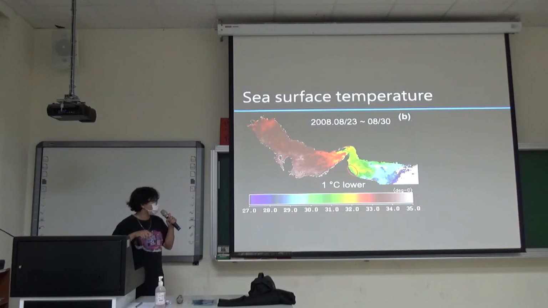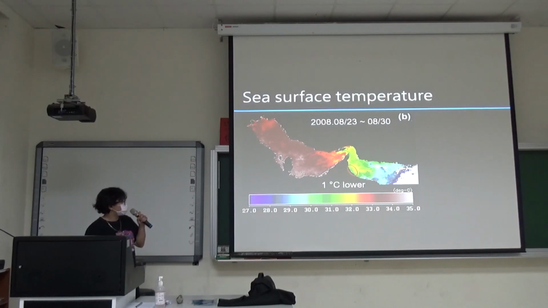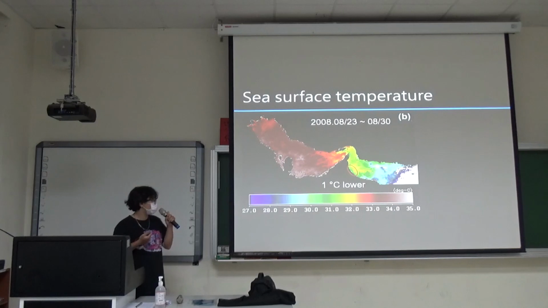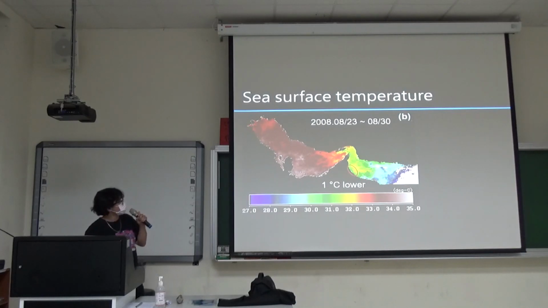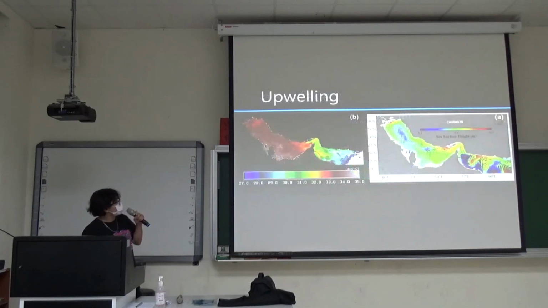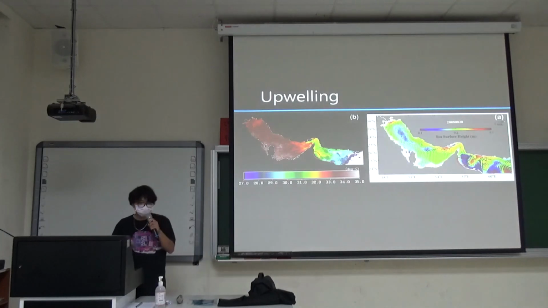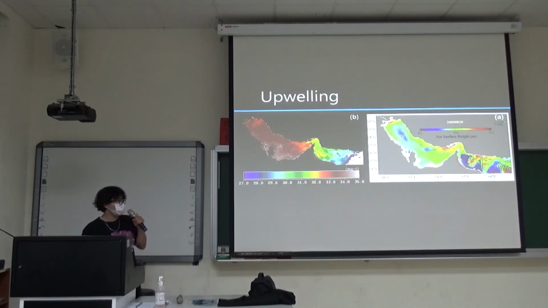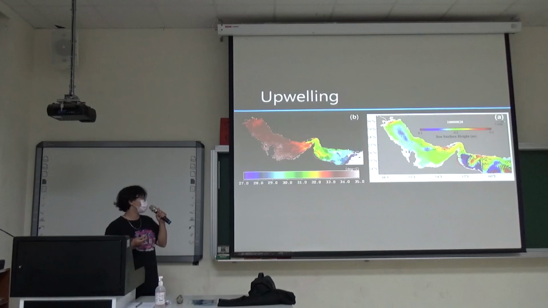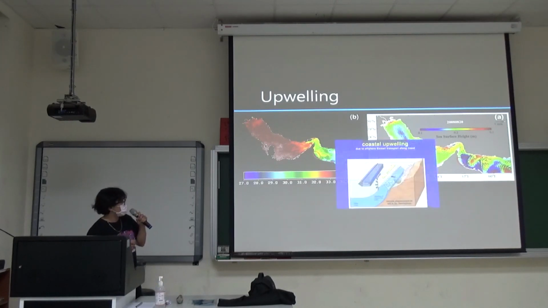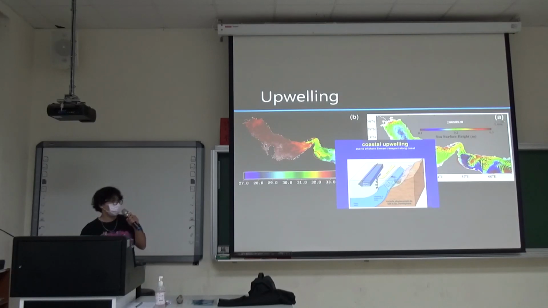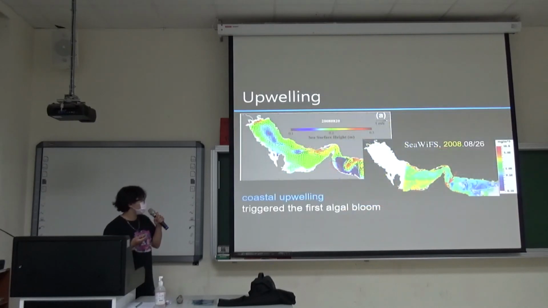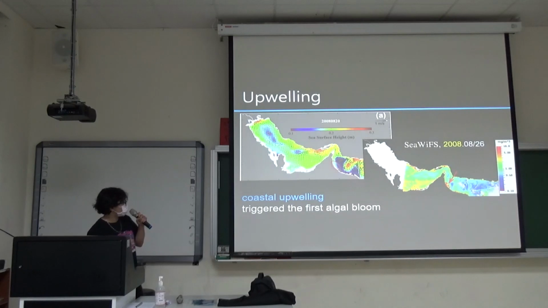The color bar here is sea surface temperature in degrees Celsius. We can see the edge of this side is 1 degree lower than this side. Combining these two pictures, we can confirm that a coastal upwelling occurs here. The coastal upwelling brings the nutrient-rich bottom water to the surface, which triggers the first algal bloom.